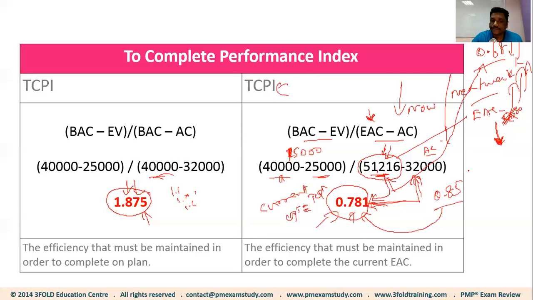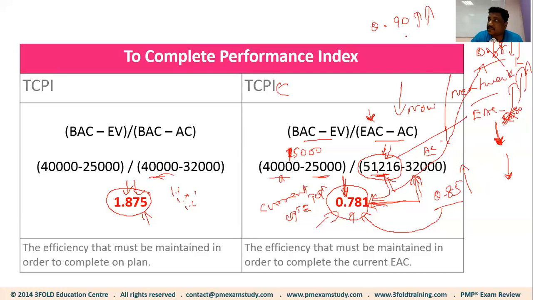Are you following? Okay, so the idea is we should try to maintain this CPI throughout the project. If the CPI goes down for the remainder of the work, your TCPI will go up. And vice versa. What could possibly happen is you could have improved your performance in the future. For example, what if your CPI from now till the next week is 0.90, which means you have improved your performance.